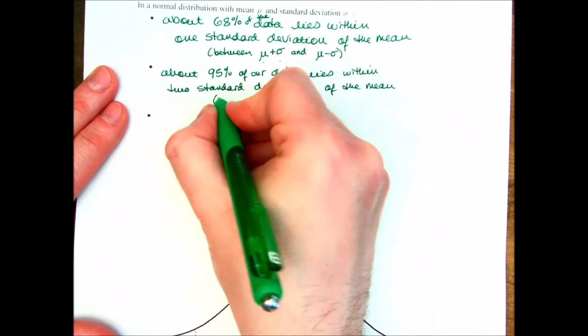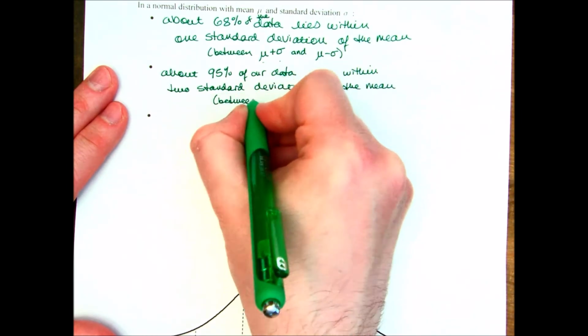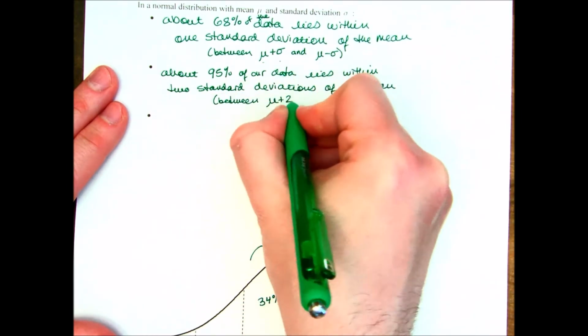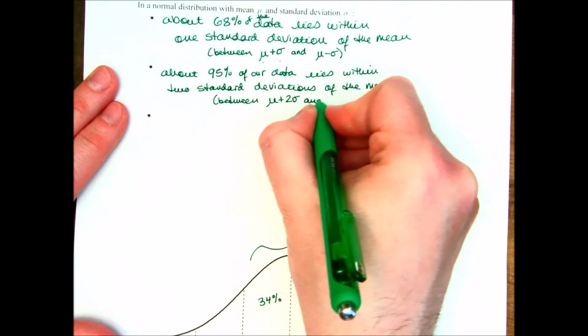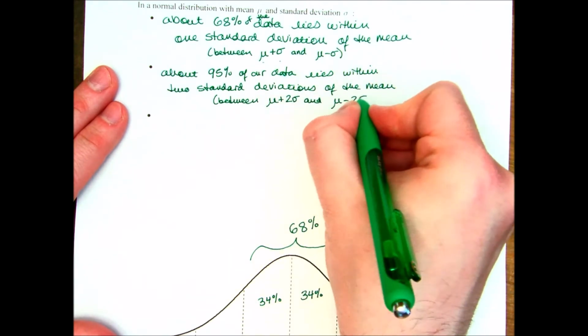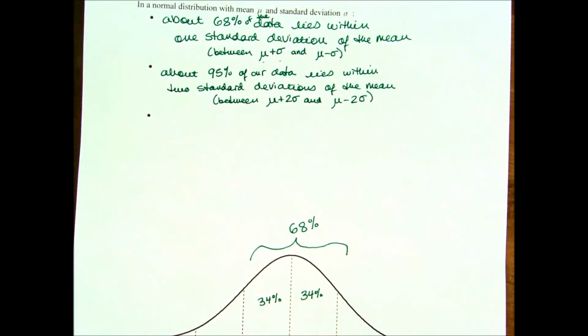Or another way of talking about that is between mu plus 2 sigma and mu minus 2 sigma. About 95% of the data lies within two standard deviations of the mean. So most of our data is no more than two standard deviations above or two standard deviations below.